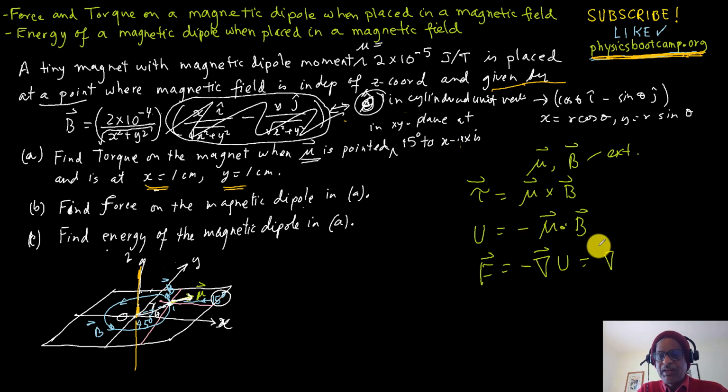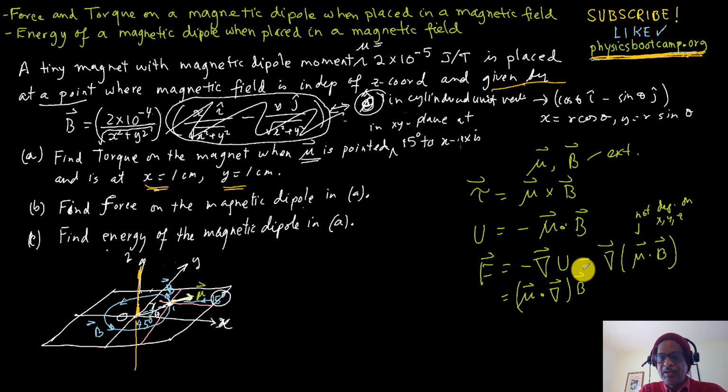Over here it looks like del of mu dot B. Now mu is not dependent on x, y, z. So when you take a del, mu can come out, and it's going to be mu dot del B, and there will be other things.